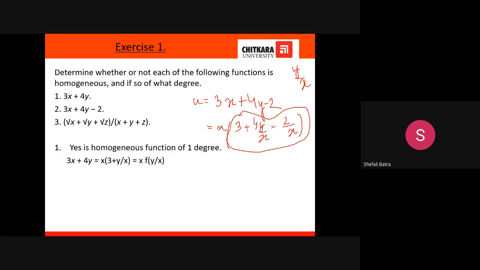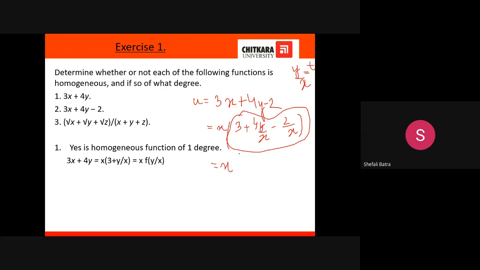When I'm saying function of y by x, it means if you are replacing y by x with one variable, let's say t, then this complete function should be in terms of t. So let us check here.